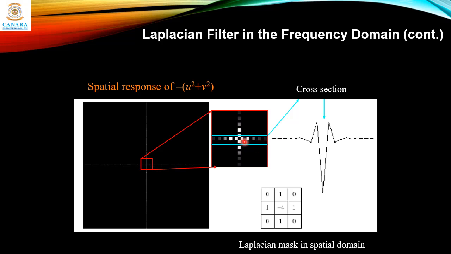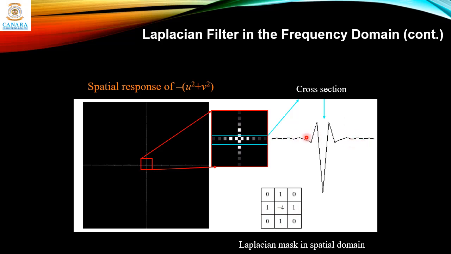If you plot its cross section or intensity map, the origin is dark, represented by this dip, and then there is a white spot surrounding it, so you have this peak. Basically it translates to the Laplacian filter that we studied in the spatial domain. The negative peak is -4, and the positive amplitude, which is less intense than the negative peak, is basically 1, 1.